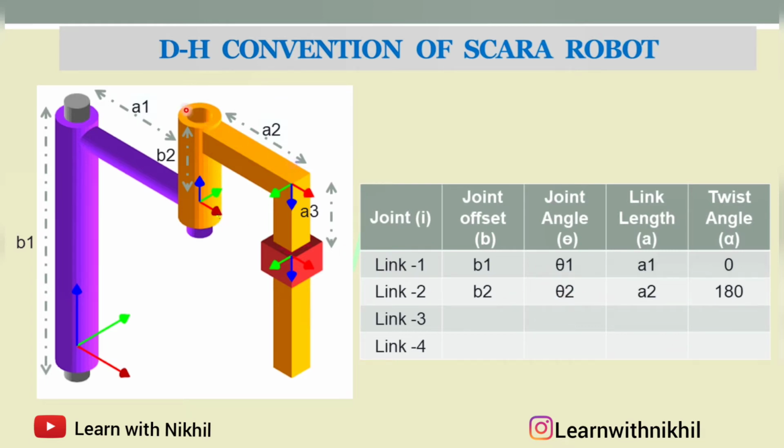Next, for the link length, that is A2. This is the distance of link length A2. And finally, for the twist angle, as it is in the opposite direction, the angle is 180 degrees and it is rotated in the anti-clockwise sense, so it is plus 180 degrees. As you can see, the z axes are in opposite directions.